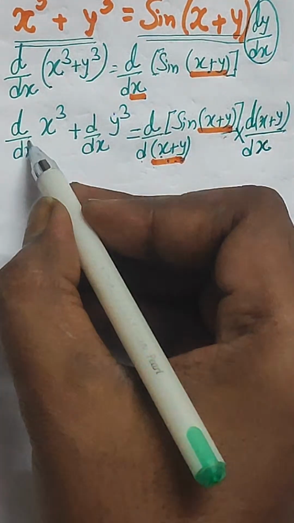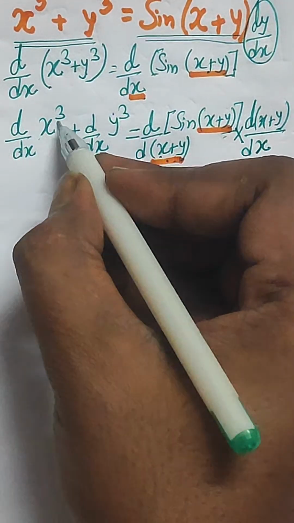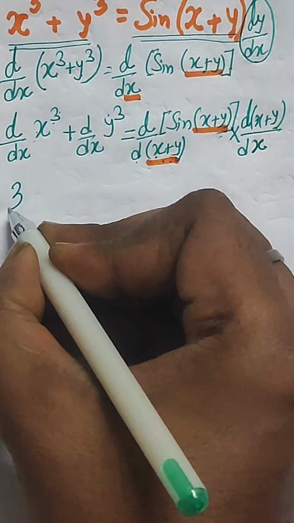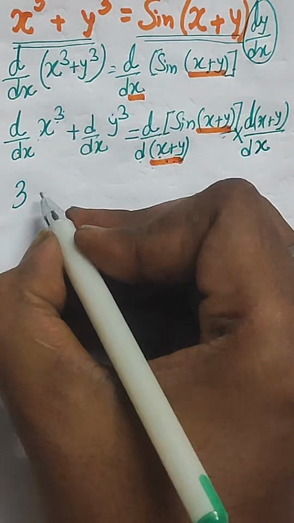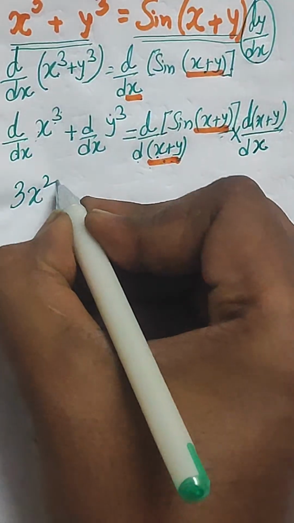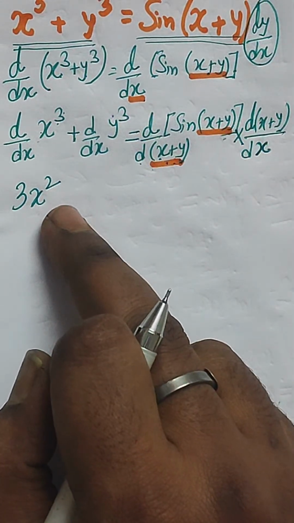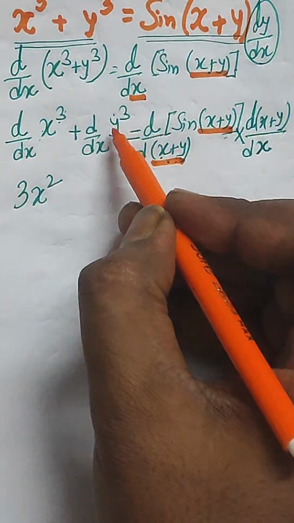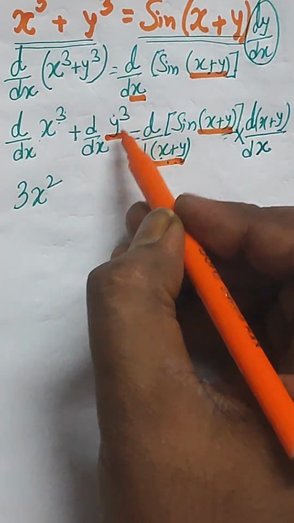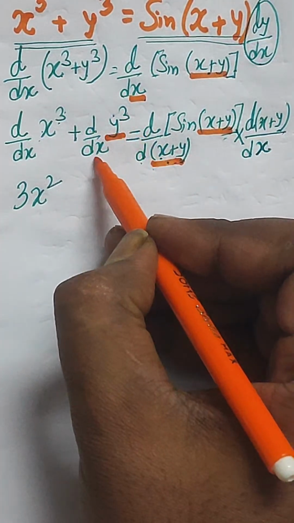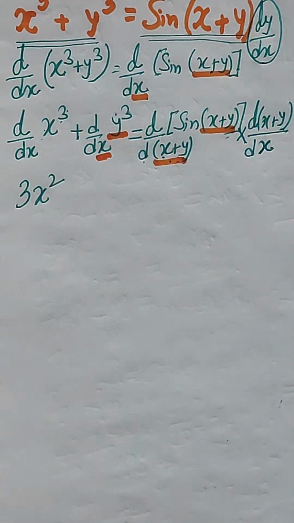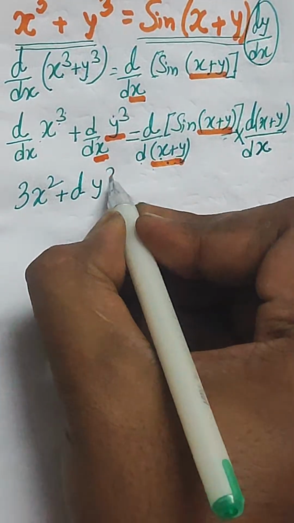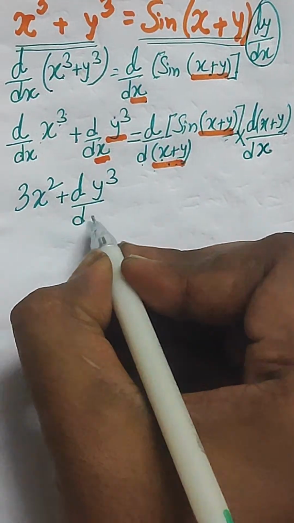Now quickly coming to the next step, d by dx of x cube will be what? x to the power n gives n x to the power n minus 1, so it will be 3x square. Plus, here again, the differentiation of y cube is happening with respect to x, which will not work. So we differentiate the function y cube with respect to y only.